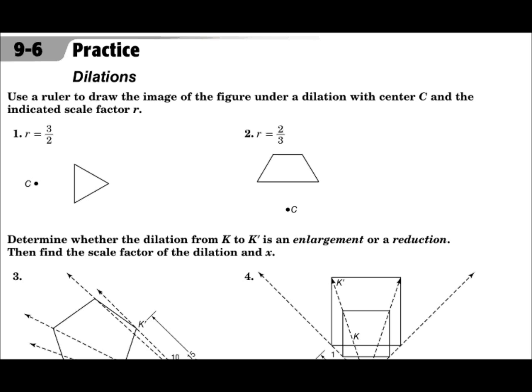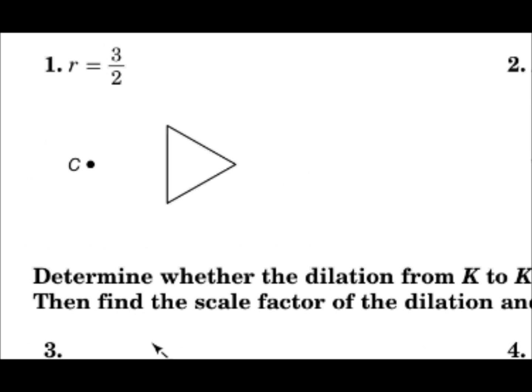Use a ruler to draw the image of the figure under a dilation with center C and the indicated scale factor R. For number 1, R is 3/2. To do the dilation, draw from C to each vertex of the figure.